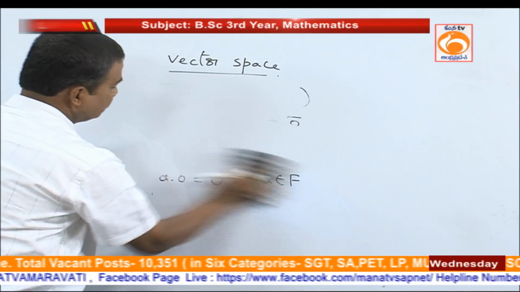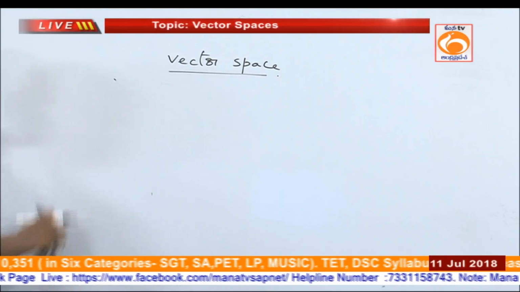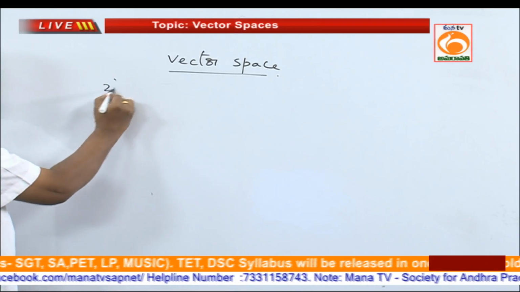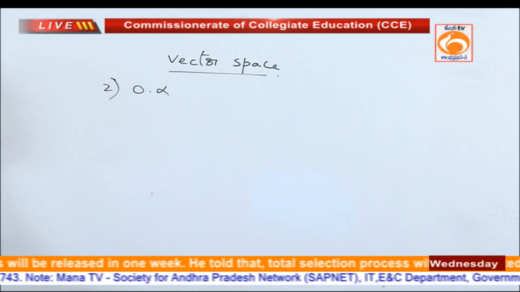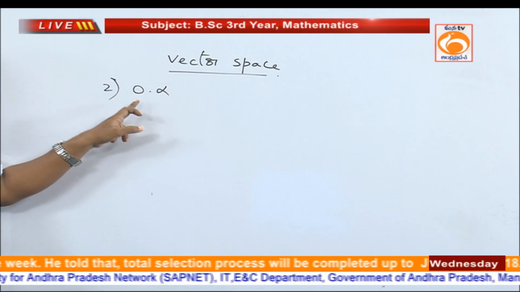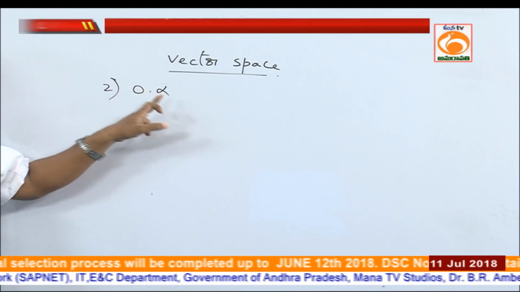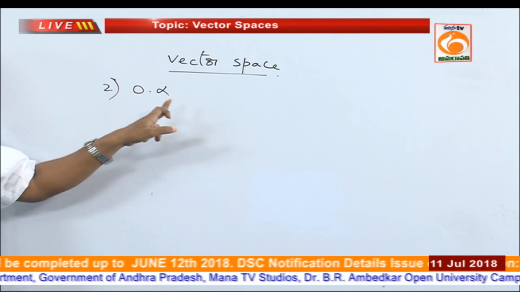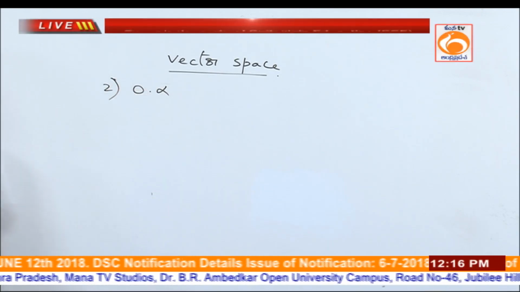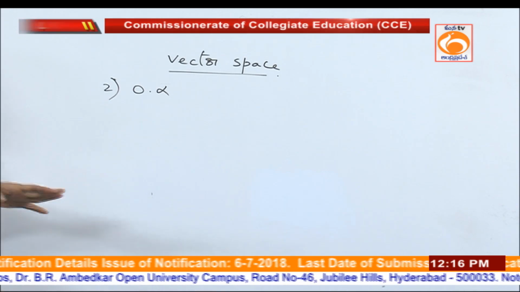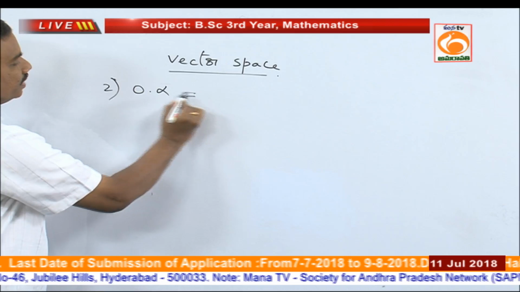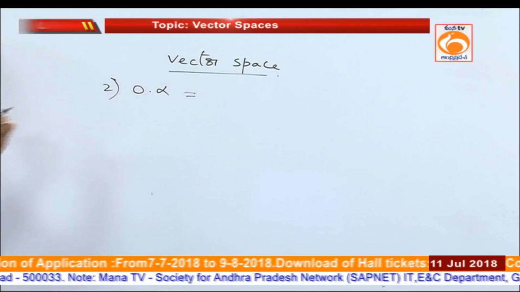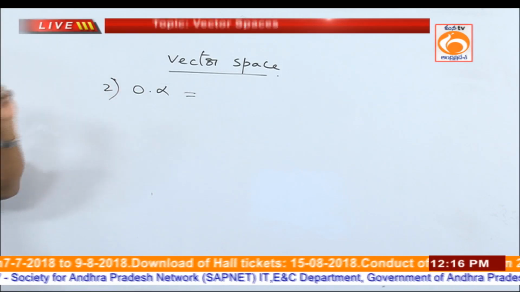So, the next one. What is the second one? The second one is 0 dot alpha. You multiply the scalar 0 with any vector alpha of V and see what result you get. Repeat the proof of the first with the scalar 0. Now, I apply the property of additive identity to the scalar 0.